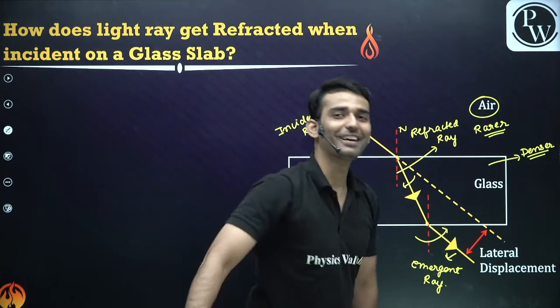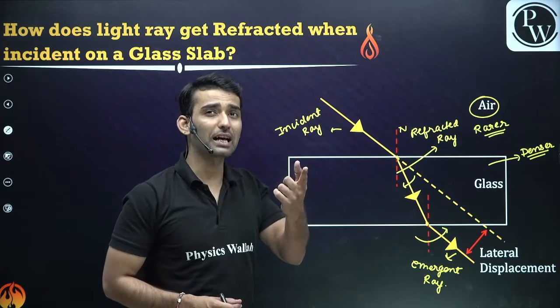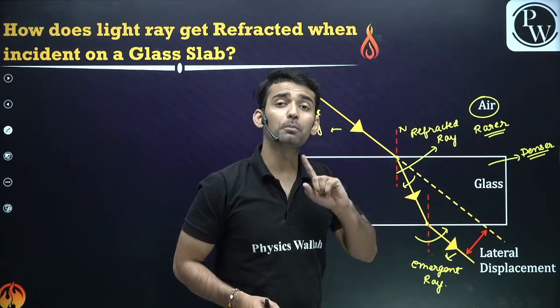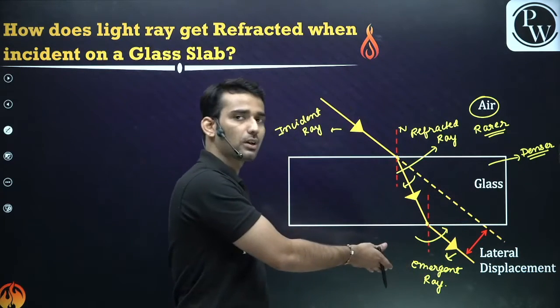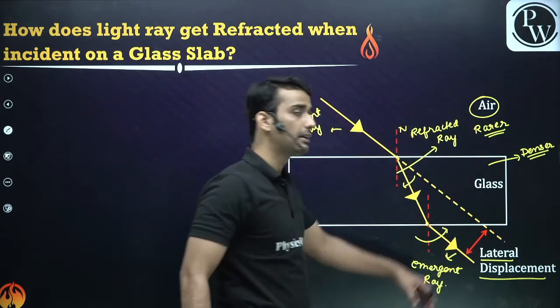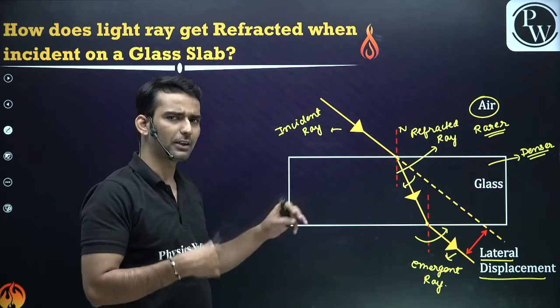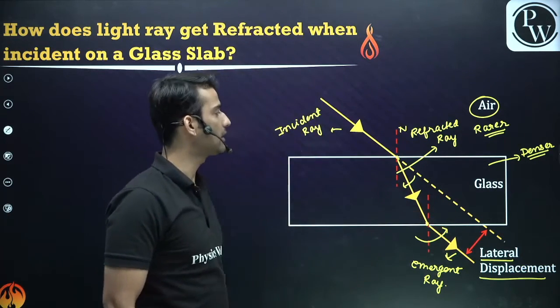Okay, guys, is it clear to you? So guys, what do you observe? If there were no glass slab, this ray would have gone straight, but due to presence of this, the ray has been displaced by some distance to the left, and this displacement is called lateral displacement. Laterally displaced due to glass slab. There is a formula for that, but you will study this in the higher classes. So this is called lateral displacement.